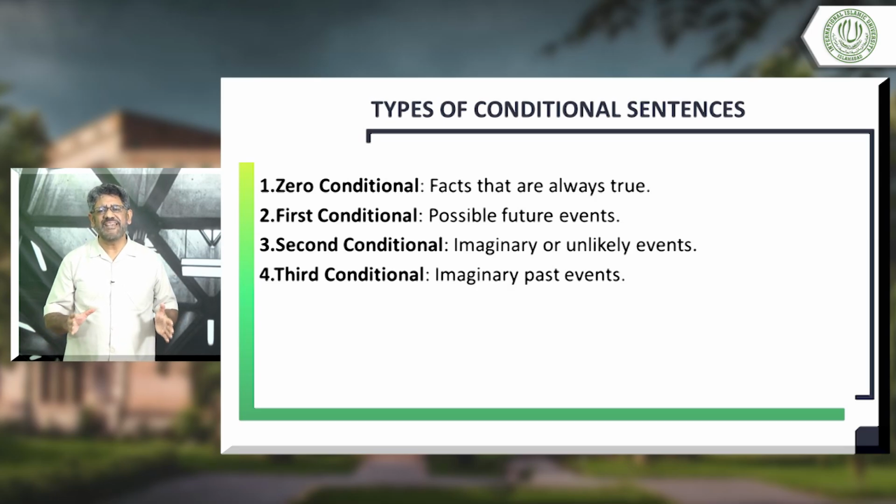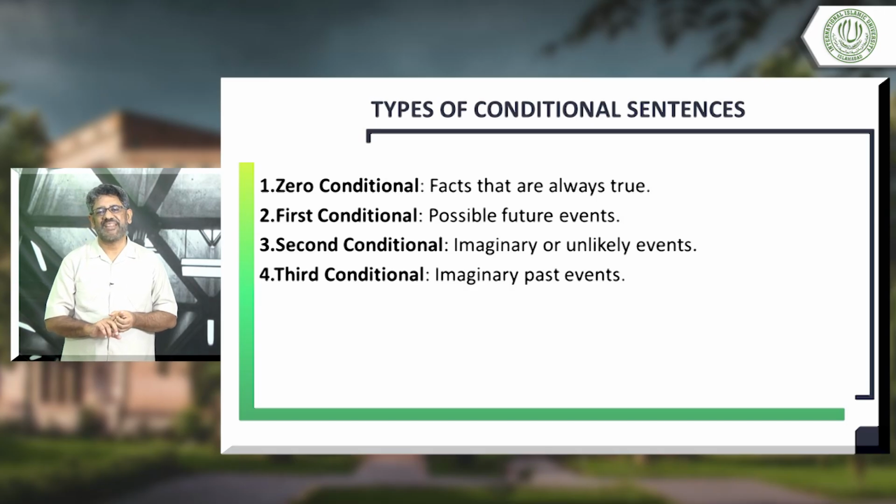This means this thing is possible in future. This thing, this action, this situation is possible. I'm not saying that it would always 100% happen like that. No. Look, we have used the word possible. So we are talking about a possibility. Okay. Second conditional, imaginary or unlikely events.